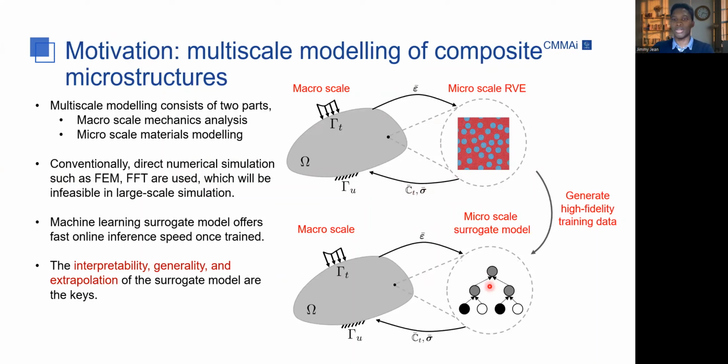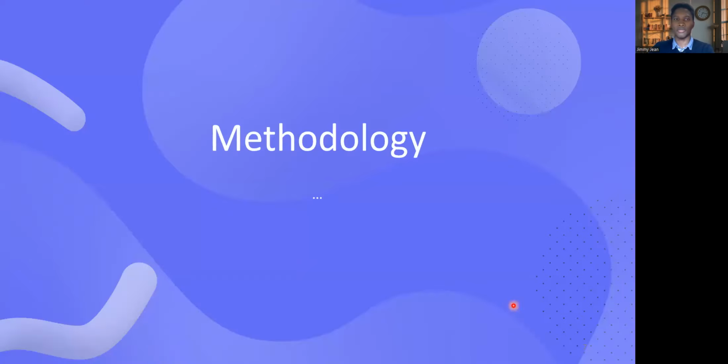And because of that, there have been developed many surrogate models that can perform the microscale homogenization of microstructures for us. And this is where we want to do some improvements with regards to how these microscale simulations can be performed.